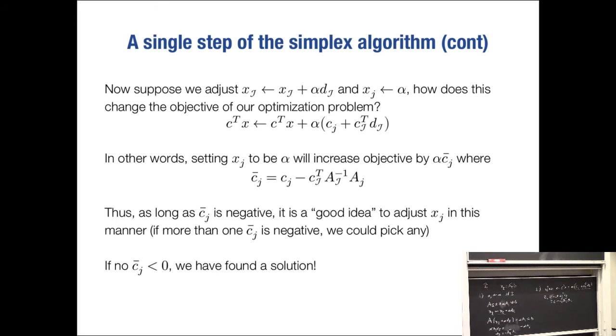So here's the key: I can compute all those things for all j's, right? Compute this c bar j for all j's. And if any of them are negative, then I know that I can take a step in that direction and get this change in my objective. In other words, I can decrease my objective while increasing one of my coefficients, xj.